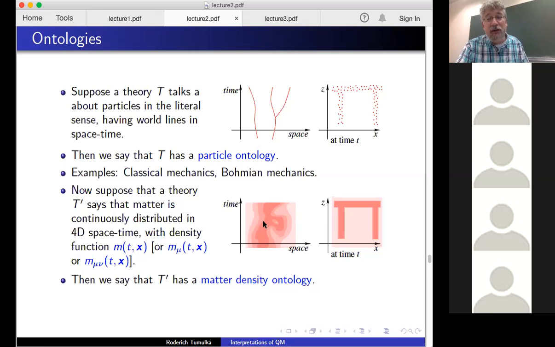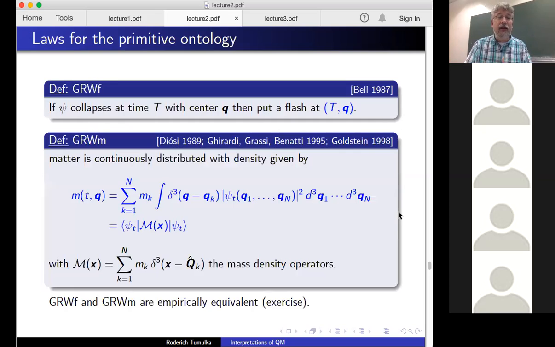So that's what it might look like in space-time, or a snapshot at a particular time, a horizontal cross-section through this picture, two dimensions shown, could have some matter density, and you could still recognize some objects such as tables in this matter density function. Now for GRW, two possibilities have been proposed for this primitive ontology.